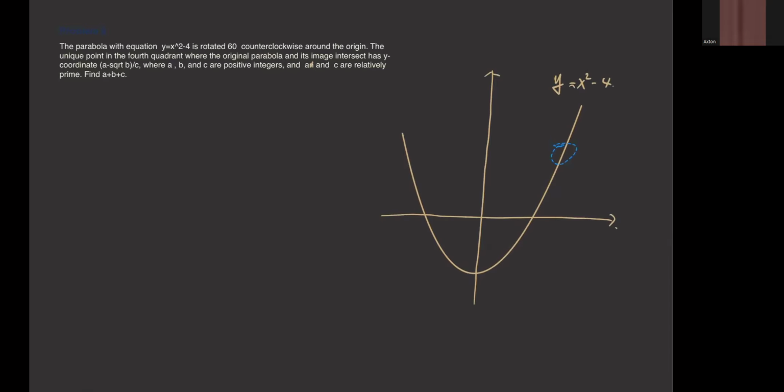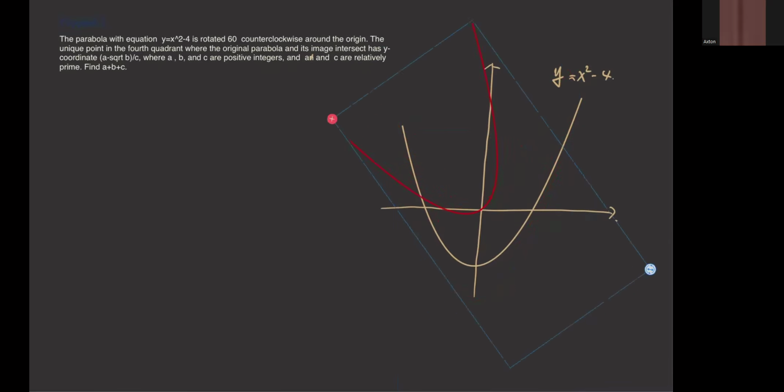And I need to rotate it. The basic idea is I need to draw it at least. 60 degrees, maybe it's here. And it says there is only one point in the fourth quadrant. Yeah, it's here.